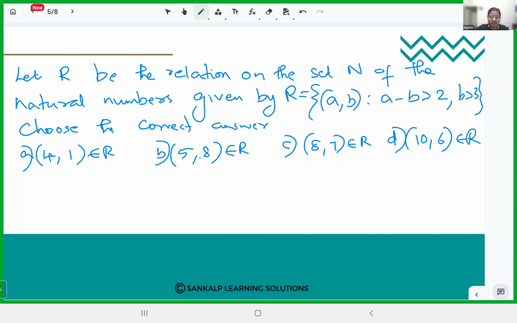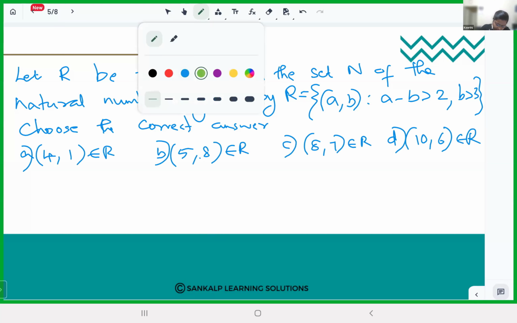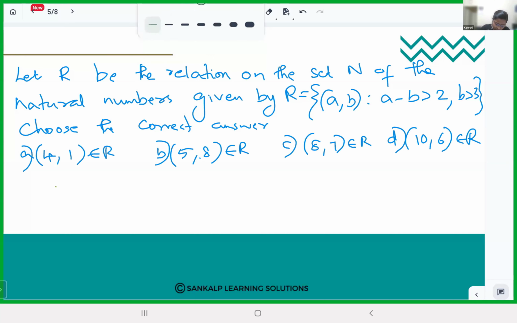Alright, so this is our first question. They are given a relation defined on the set N of natural numbers. What do we mean by natural numbers? Natural numbers start with 1: 1, 2, 3, and so on, going up to infinity.